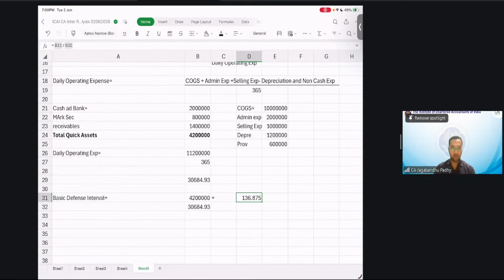Okay, great. Now, this is where we were looking for short-term solvency. Now let's see how quick assets are made. Quick assets are cash and bank, marketable securities, and receivables. These three items, right?